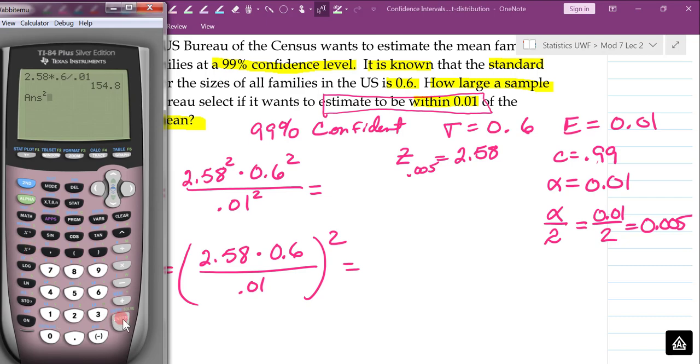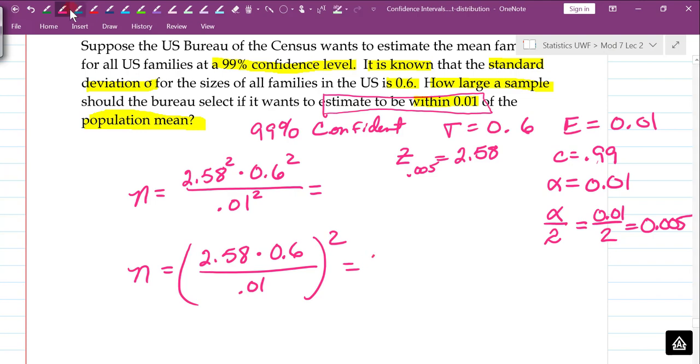And it says, in order for me to meet the requirements, that I'm going to be 99% confident that my estimate will be within 0.01 of the mean, that I need to sample 23,963.04 people.